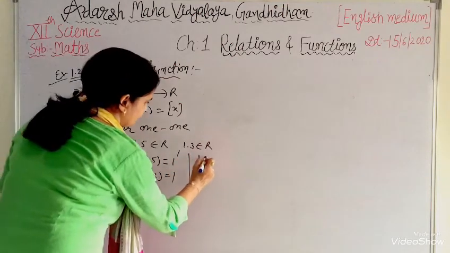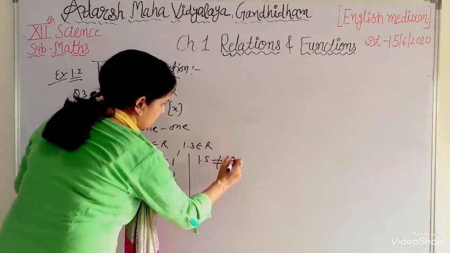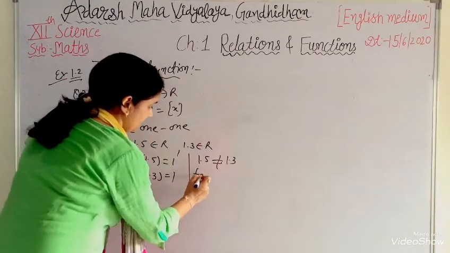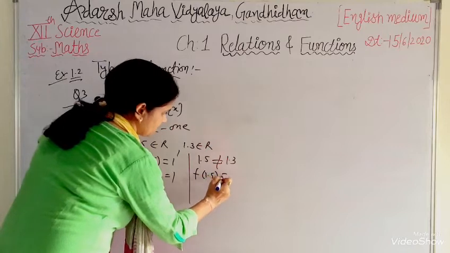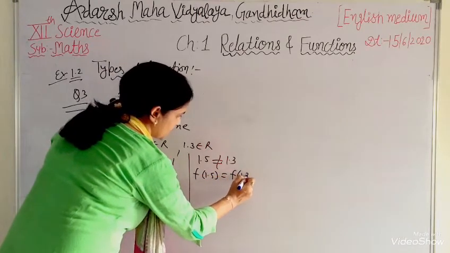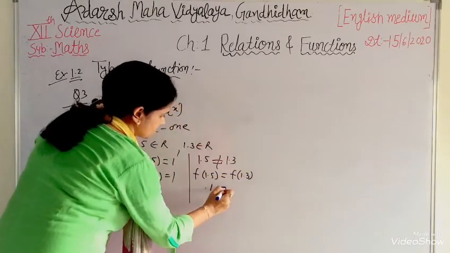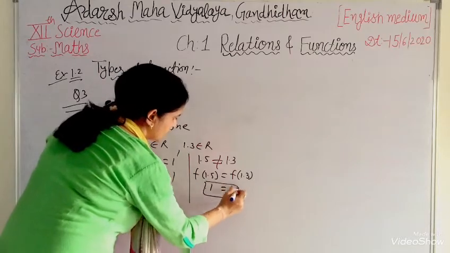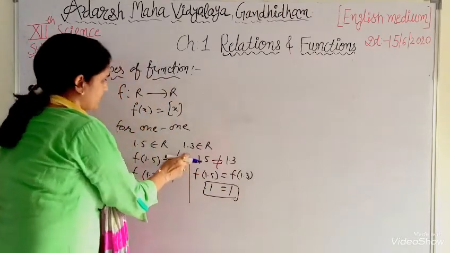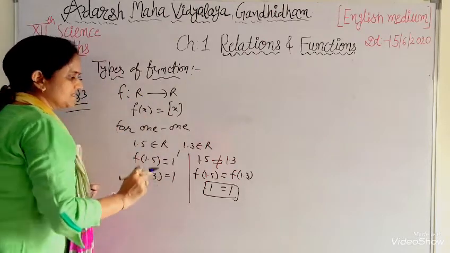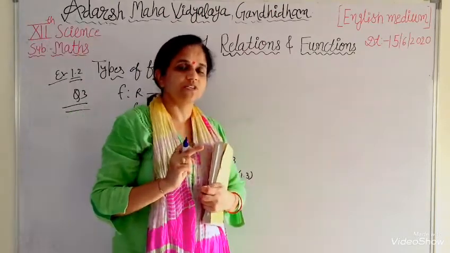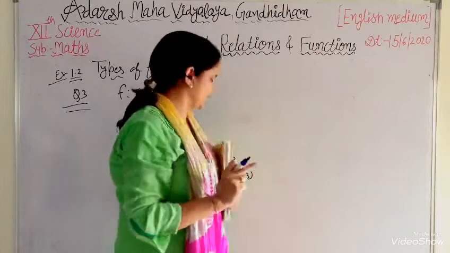Here see that 1.5 is not equal to 1.3, but image of 1.5 is equal to image of 1.3. Distinct elements of set R have the same images. So function is not one-one.